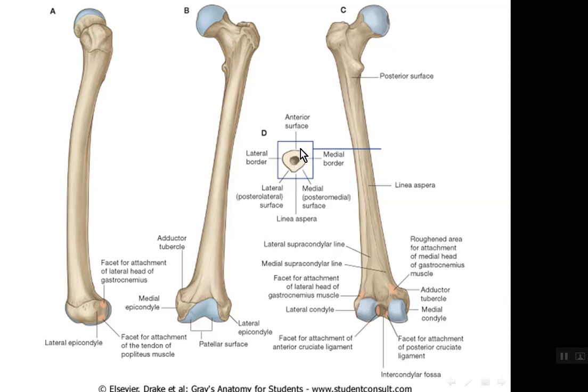The shaft of the femur, when we section from this part and see from above, looks like a triangle, whose base is anterior and two sides are located posteriorly.